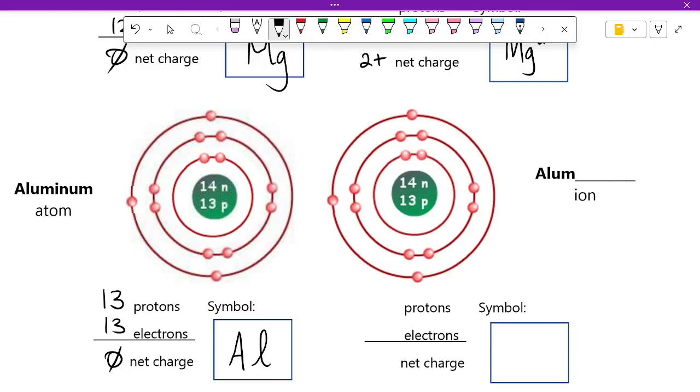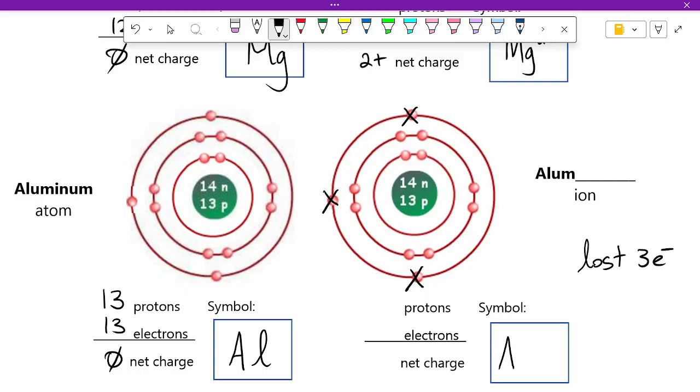So you can check the atom here, see if you got the same as I did. Aluminum-27, 13 protons, that's the atom. Is this one closer to full or closer to empty? Closer to empty, so we're going to get rid of 3. That means we have lost 3 electrons.